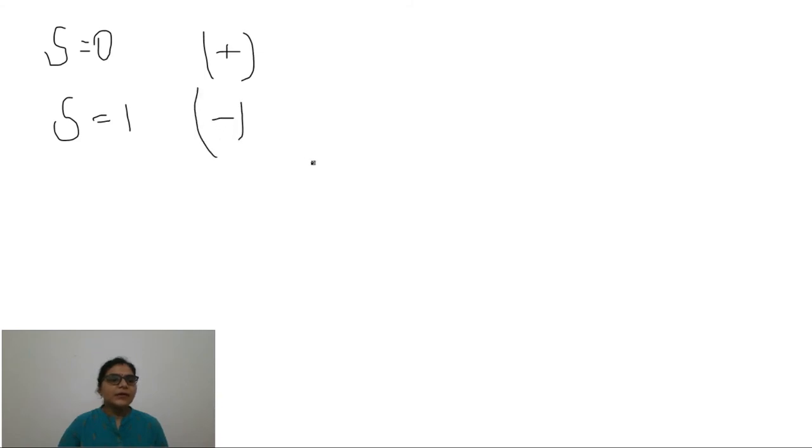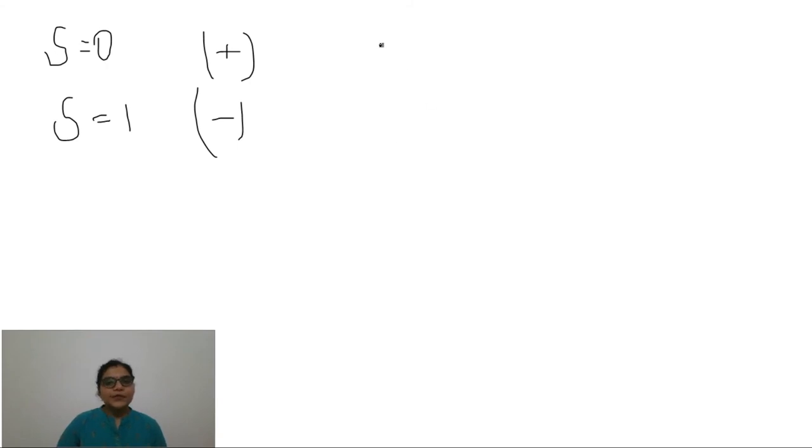So the sign bit always tells about the sign of a number, or we can say the sign of a result. We can denote the sign flag as S. It can hold bit 0 or bit 1. 0 represents a positive result and 1 represents a negative result.